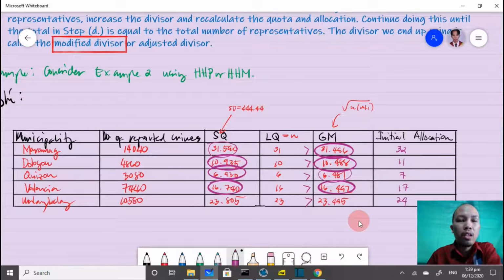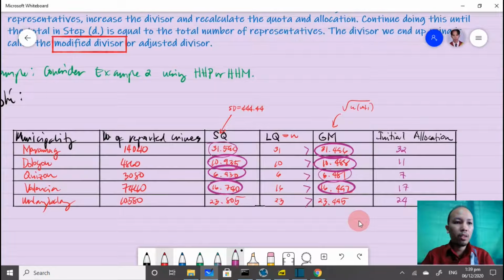So the initial total here is how much? I have a calculator here: 32 plus 11 plus 7 plus 17 plus 24. The result is 91.